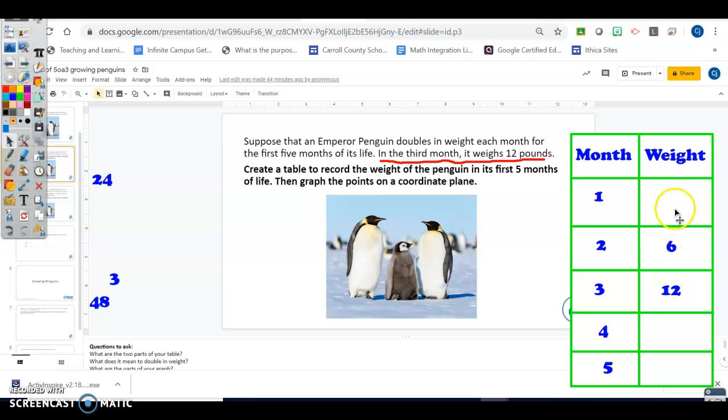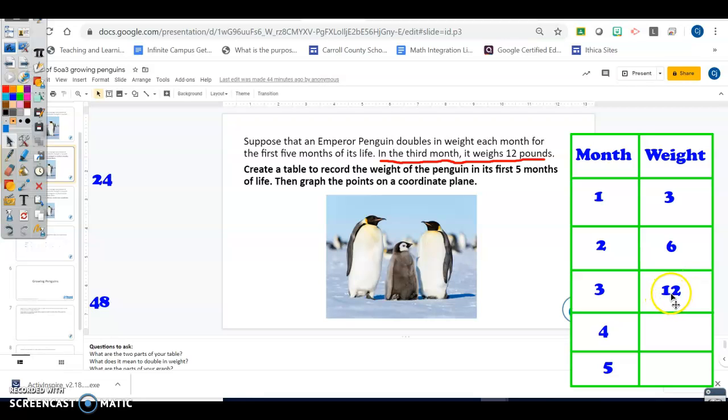Then, what number could I double to get 6? Well, that would be 3, because 3 doubled would give me 6. So in the first month it weighed 3 pounds. Second month it doubled, it weighs 6 pounds. In the third month its weight doubled again, so it's 12 pounds.